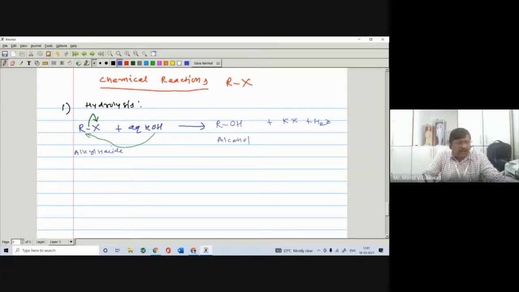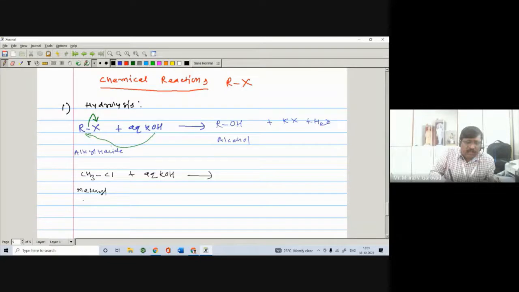So you are getting the alcohol. Example: suppose you take R as methyl, and the halogen maybe chlorine, reacting with aqueous KOH. So methyl chloride reacts with aqueous KOH.